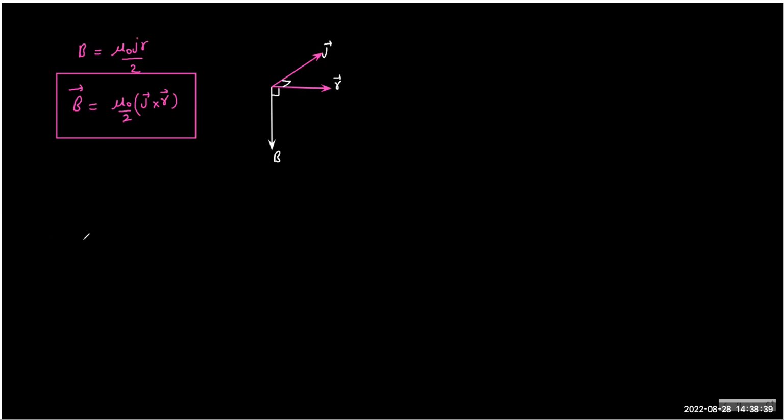The next is the graphical part. If we try to plot the graph of B versus r, you can see inside the conductor, the B will grow linearly with distance.